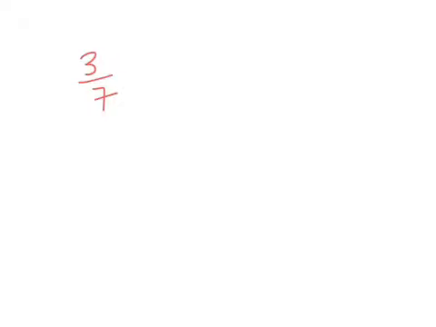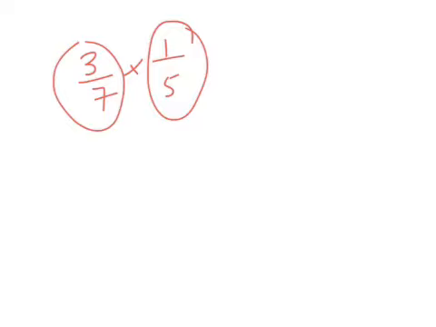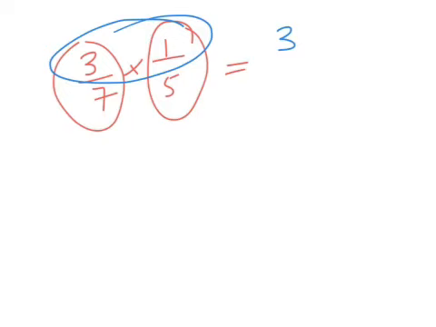So let's say you had 3 over 7 times 1 over 5. Maybe this was the number in the matrix and this was the reciprocal of something else that you were multiplying by. When it's multiplication of fractions, it's easy. 3 times 1 is 3, so you multiply the numbers on the top, and then you multiply the numbers on the bottom. 7 times 5 is 35.